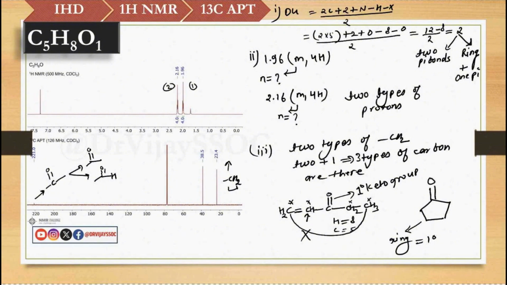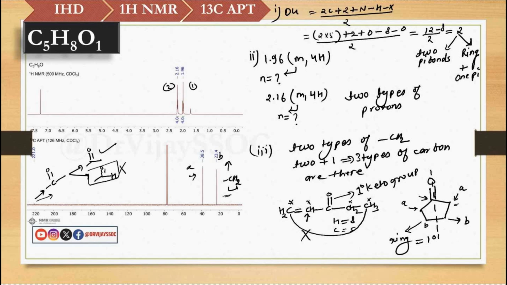If you look at this structure, there are two types of CH2, one is A, another is B. This is also A type CH2 and this is also B type, and because the molecule has a plane of symmetry, you can easily say that the compound has two types of CH2 and therefore only two signals, and probably this one belongs to A and this one to B, and there is a keto group. So this is the signal from the keto group, not from an aldehyde.